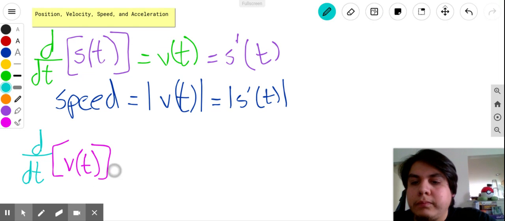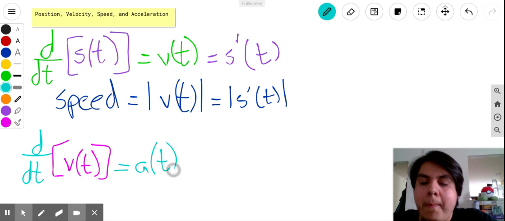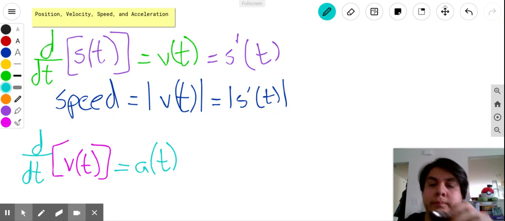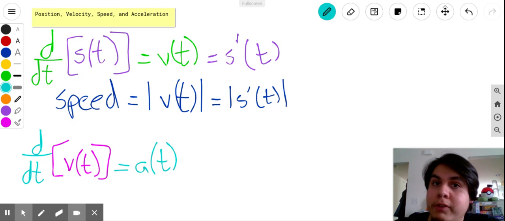So that's going to give you the acceleration based off time. Because acceleration is saying what's the change in your speed based off time. So how fast is your speed changing? Or I'm sorry, how fast is your velocity changing? Because I said speed, and there's a difference between speed and velocity. We got to be careful with our words, right?